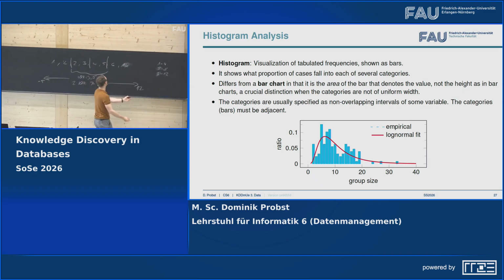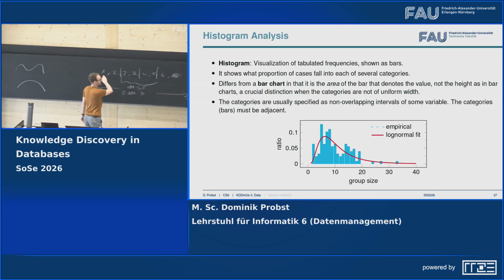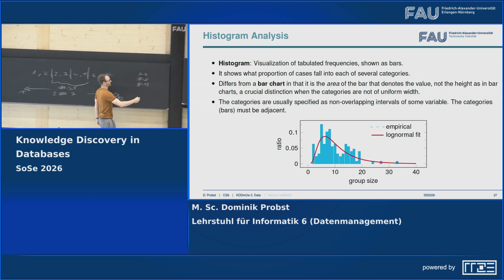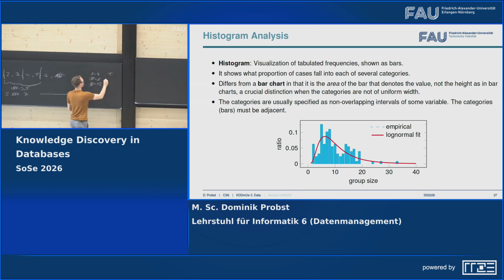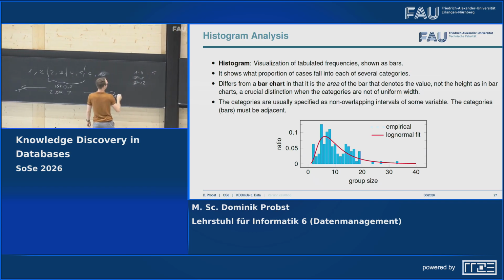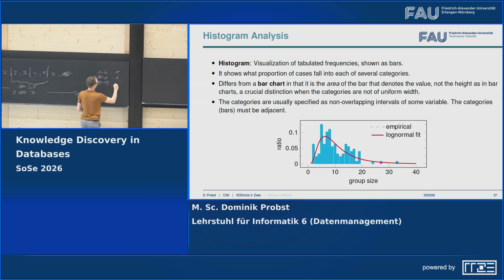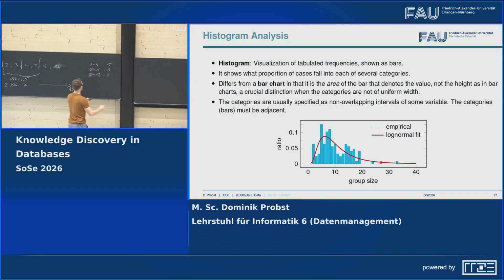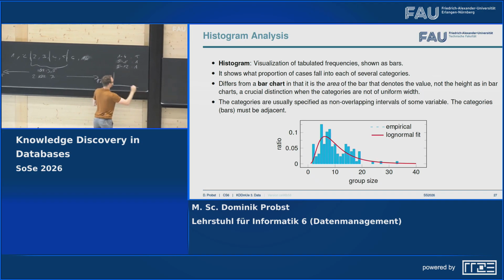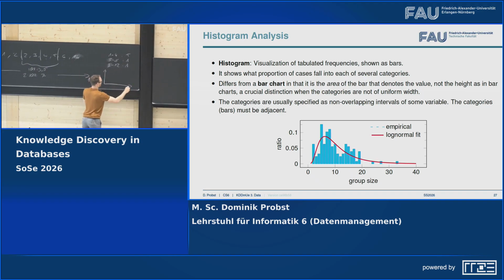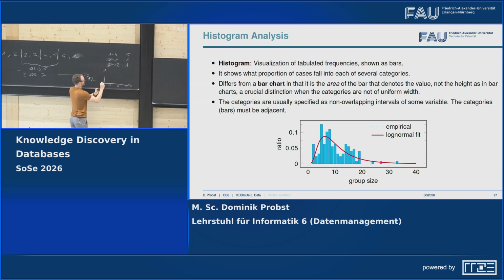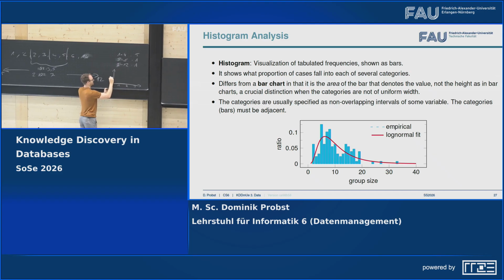Then we would simply count how many values are in the first bucket. Well, we have 5 values in the first bucket. We have 1 value in the second bucket and 1 value in the third bucket. And therefore, we would end up with a histogram like this, where we have the first bucket, the second bucket, the third bucket, and simply have the amount of values that are in each bucket.